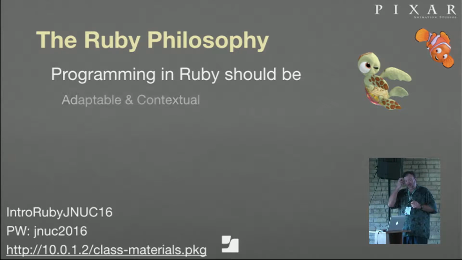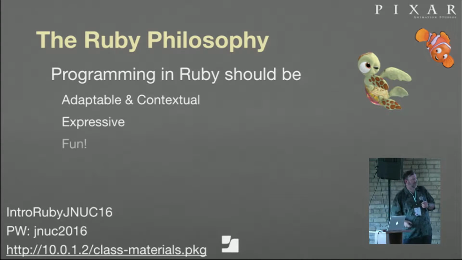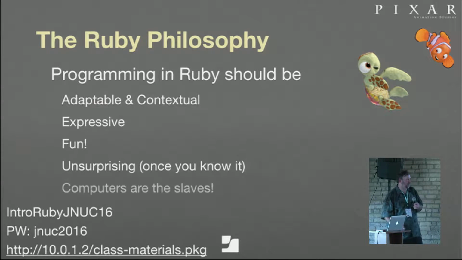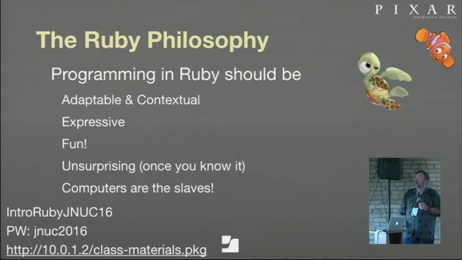The Ruby philosophy. There's a lot of Ruby versus Python and Python versus Ruby out there, especially since more Mac admins are Pythonistas than Rubyists. But there is a philosophy behind the two languages that draws people to one or the other. I was drawn to Ruby because of this philosophy. It is very flexible. It is very adaptable.